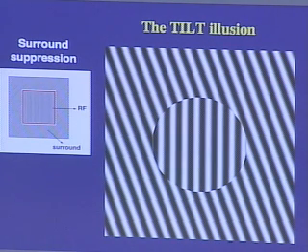So these are suppressive effects of the surround that operate in vision, and possibly these kinds of neural responses represent the neural correlate of this perceptual phenomenon.